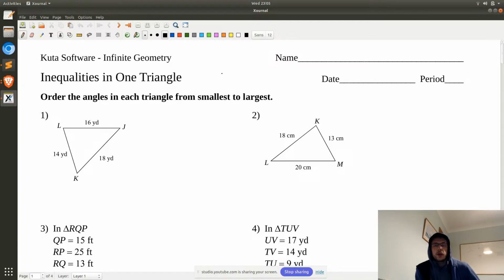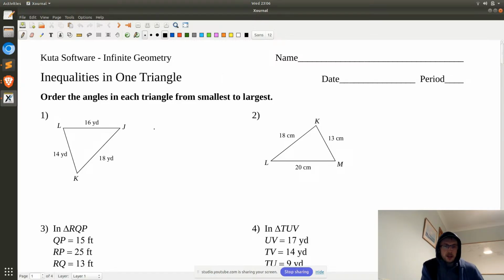And so all that leaves is the 36.87-ish degrees, which is up in the top right-hand corner, and that's opposite the smallest side.